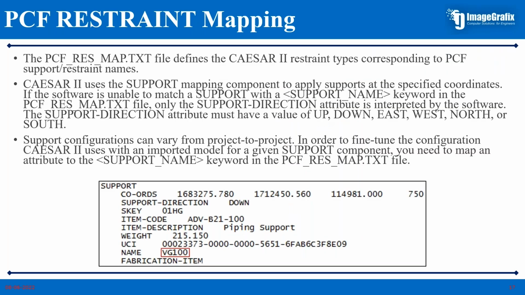The next most important thing in our mapping would be the restraint mapping. Now why is that? For restraints, we have U-bolts, clamps, hangers, constant hangers, variable spring hangers, pipe stanchions or pipe structure supports, elbow stanchions, different types of supports for a CAD engineer.